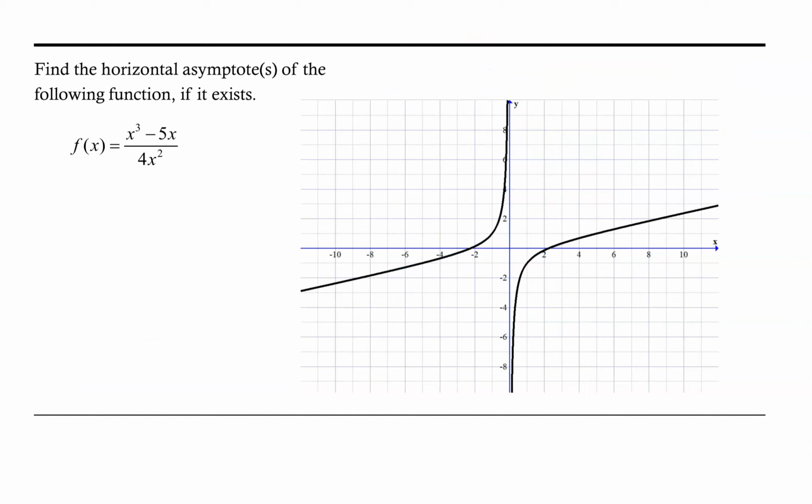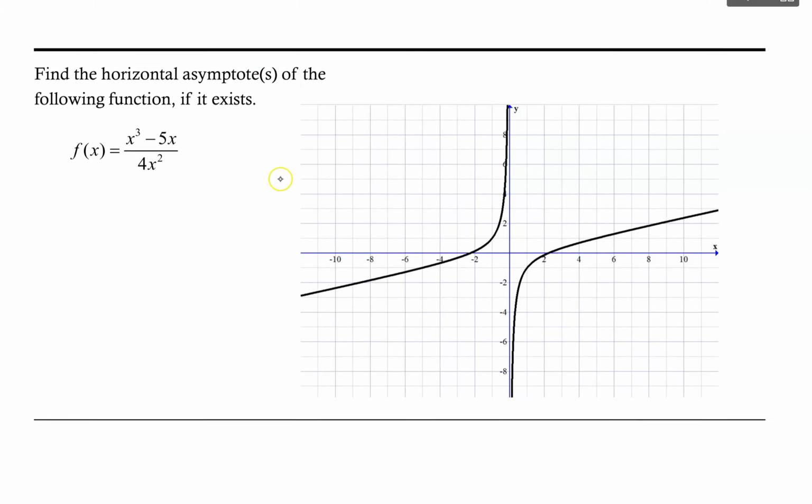And we can see that behavior in the graph of the function here. As x approaches positive infinity, we can see that function continuing to grow. And as x approaches negative infinity, we can see that function continuing to decrease. So this particular function has none. There are no horizontal asymptotes, so none exist.